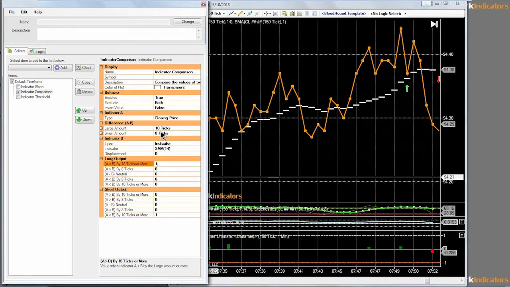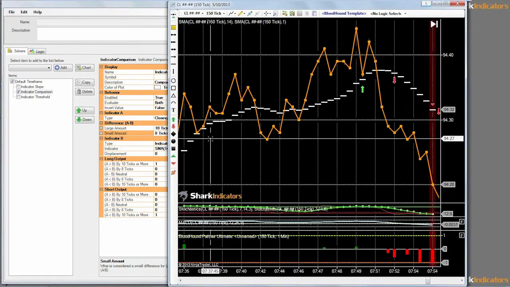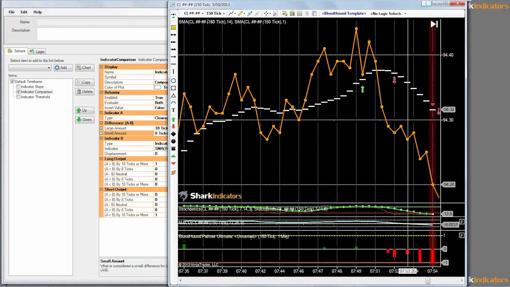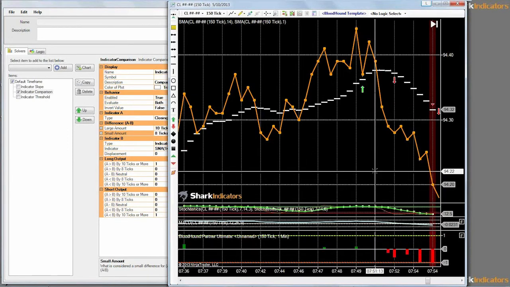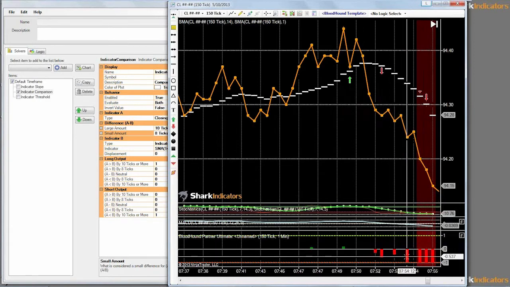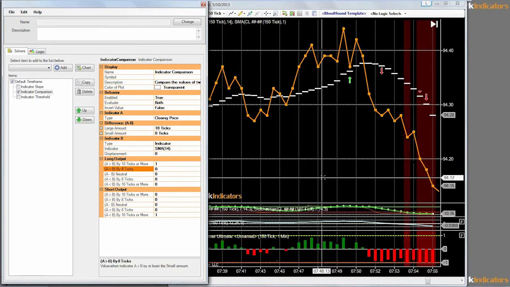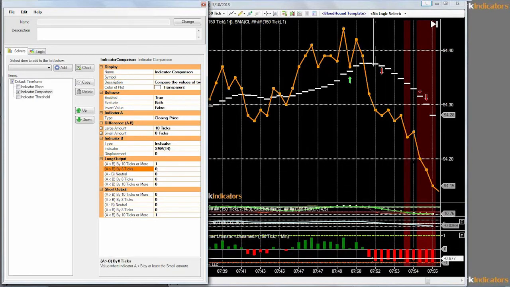But really, what using two different amounts here is doing is constraining the solver's output. It only starts giving us an output when we're greater than 8 ticks. Versus if we go back to 0 ticks, we can see that our output is a lot more liberal from this solver.